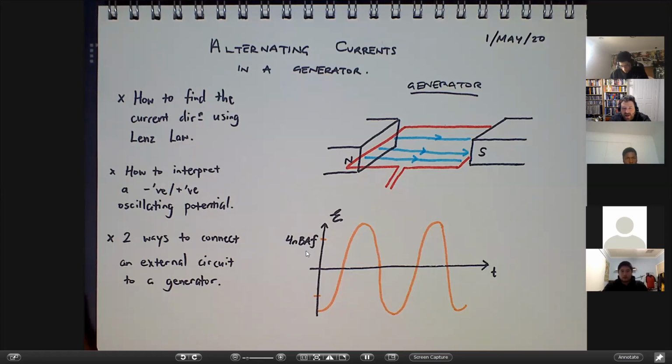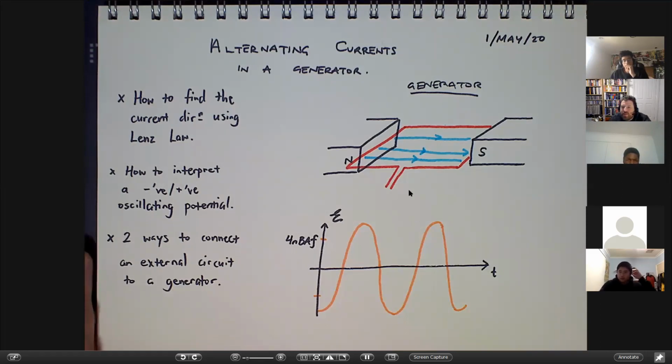And that gave rise to this scale here. So the average value of these peaks is 4NBAf. We don't know what the exact value is, but that gives us a general sense of how much voltage we're getting on average.